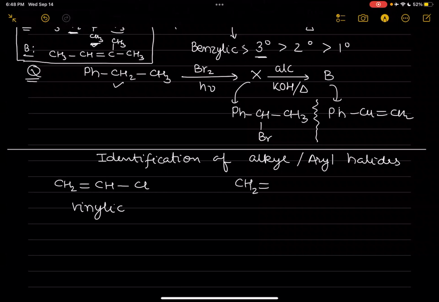Vinylic is the one in which the halogen is connected directly to the doubly bonded carbon. And this is the allylic halide.